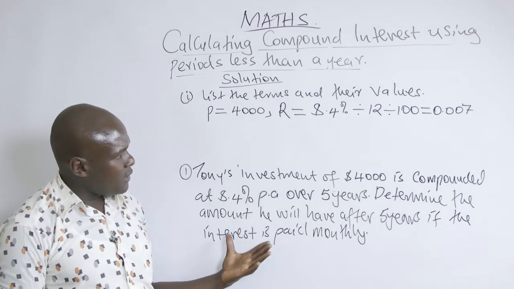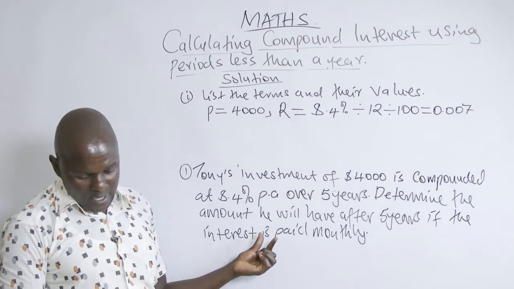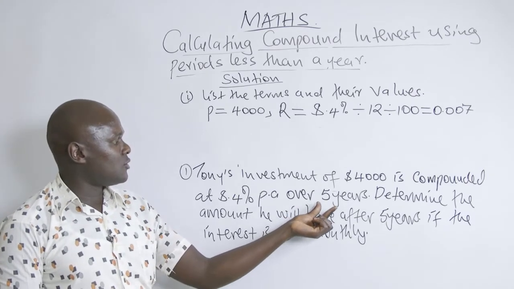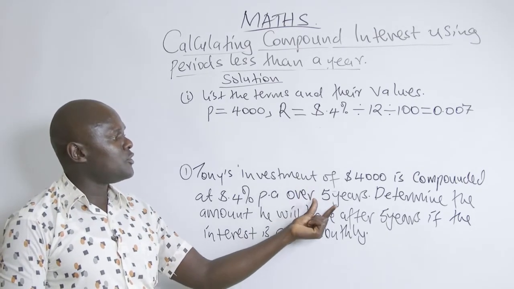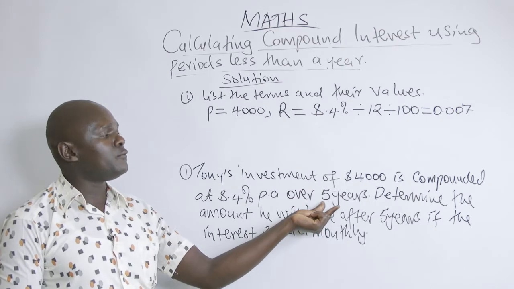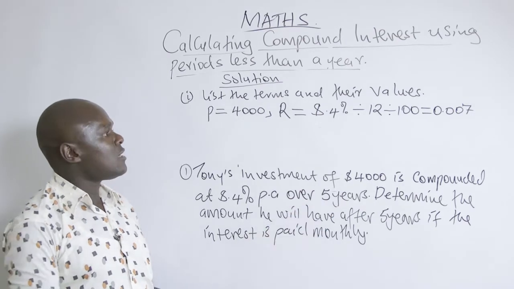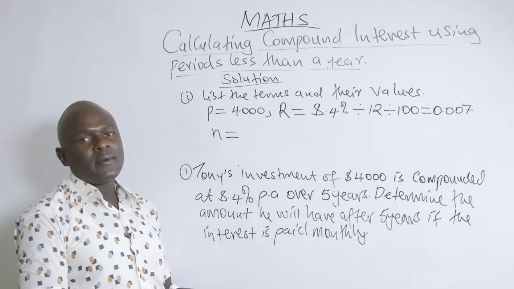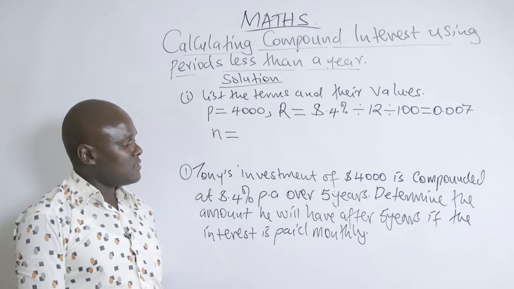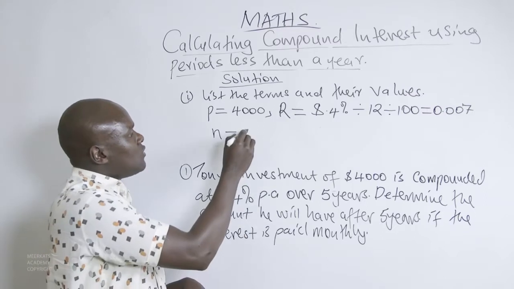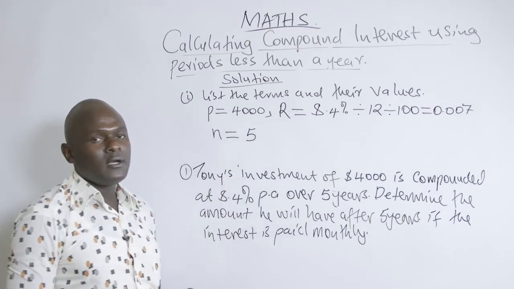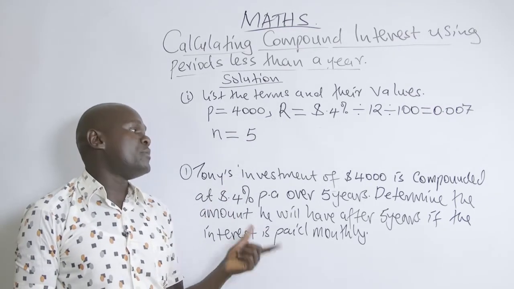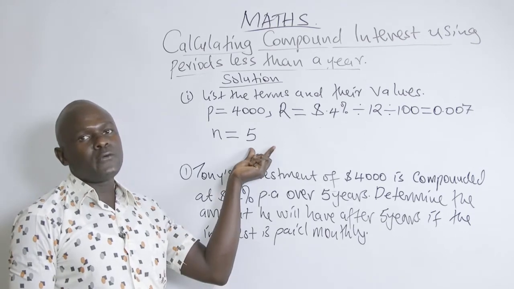Looking at the question again, we can discover that we have been told that this compound interest is going to be compounded over a period of 5 years. So another term that we are provided with is the number of periods. But in one year we have 12 periods. What about in 5 years?